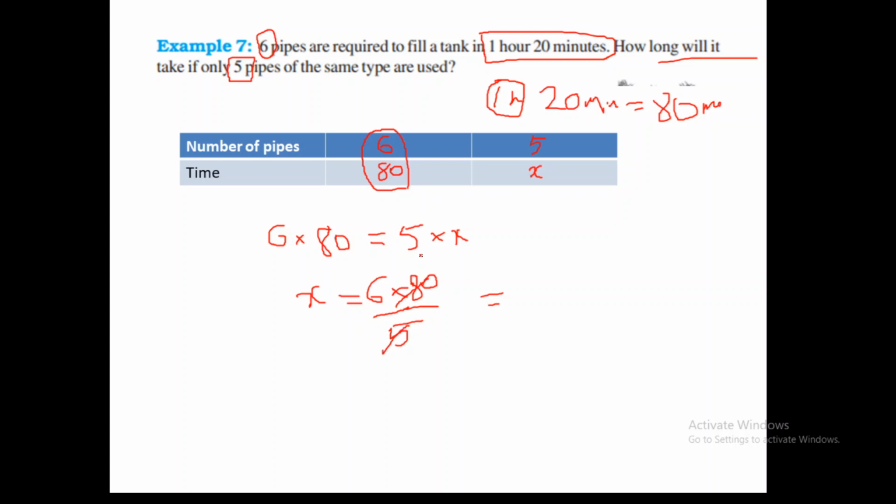How many 5 in 80? 16. 16 into 6, 96 minutes. So it will take 96 minutes to fill the tank if we use 5 pipes only.